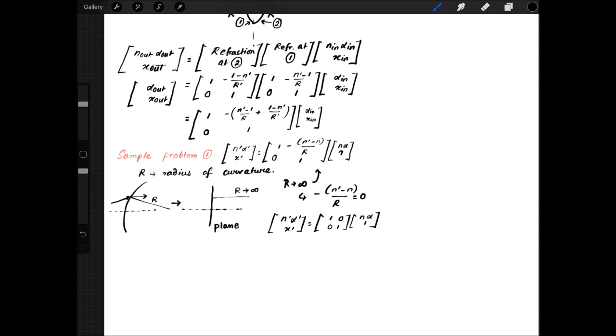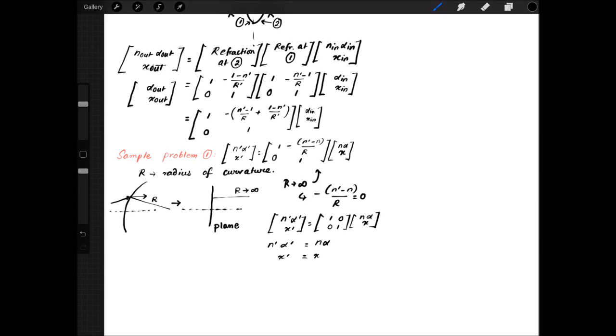I don't know why I put 1. Right? And we do the matrix multiplication, and what we get is n prime alpha prime equals n alpha, and x prime equals x.